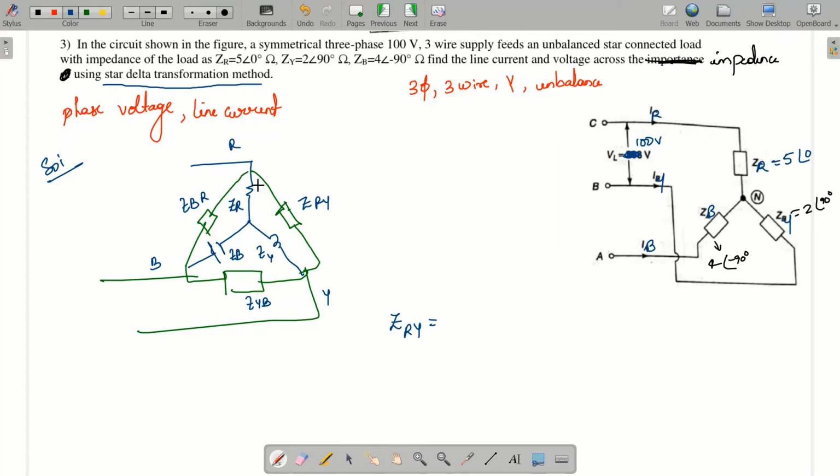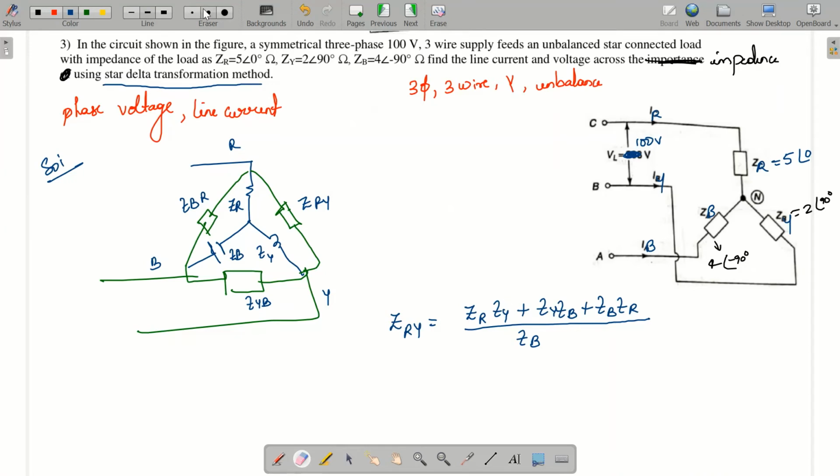Sum of the product of two impedances divided by the opposite impedance. ZRY equals ZR ZY plus ZY ZB plus ZB ZR divided by ZB.